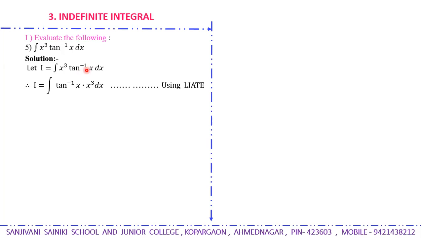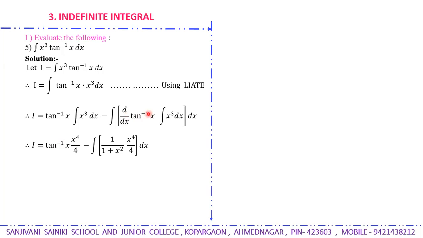So using LIATE rule, rewrite the function. Then using by parts, first function as it is, integration of the second minus integration of the derivative of the first function into integration of the second function. So after applying the laws and the rules of the integration, 1 upon 4 times integration of x raised to 4 upon 1 plus x square dx.